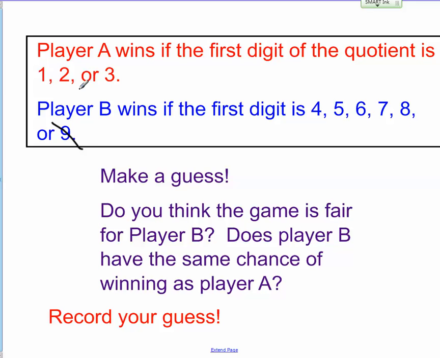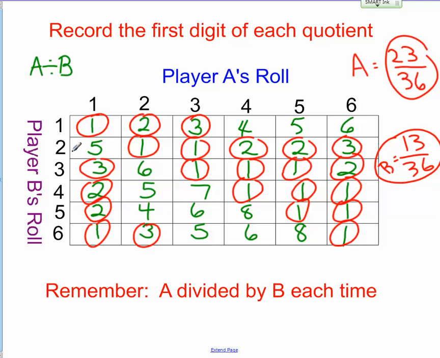And one group said, take out the 2 and move it to player B and give player A a 7. And if you look at our table and you count the 1s, 2s, and 7s, there are 1, 2, 3, and so on up to 18.